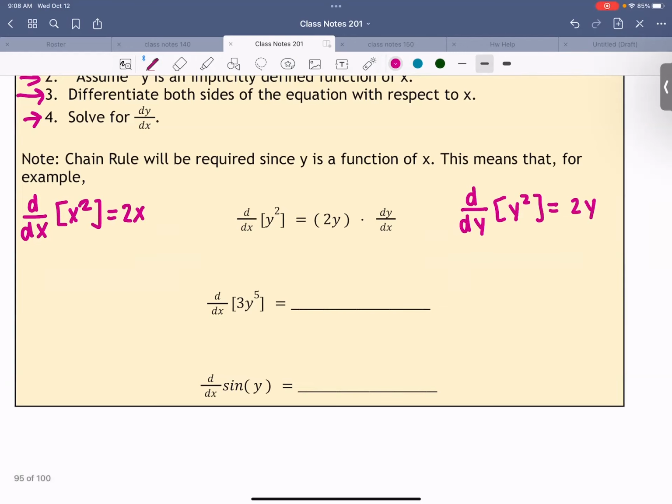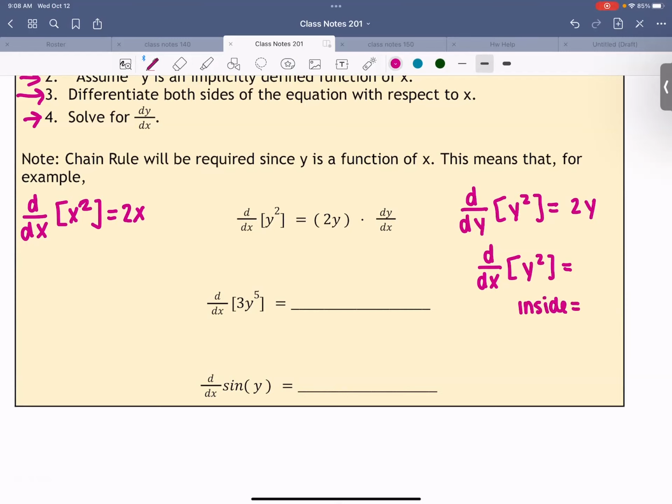Now it gets a little bit trickier. The derivative with respect to x of y squared is different because I'm finding the derivative with respect to something that isn't the variable in the function. This is where the chain rule comes about. What's my inside function here?